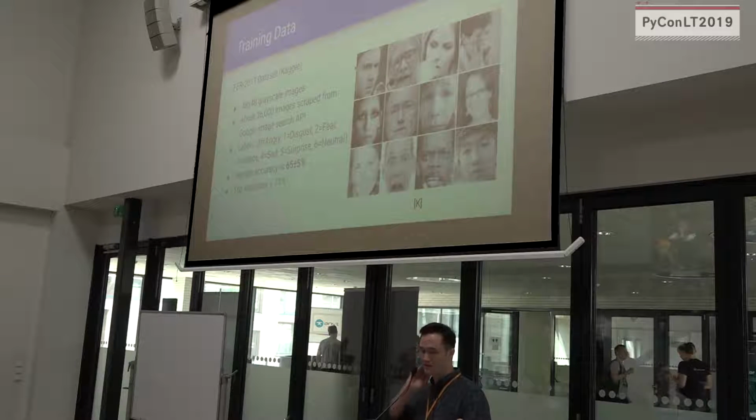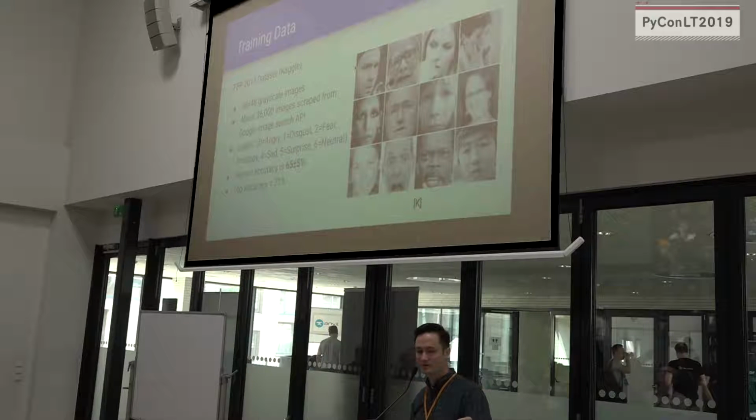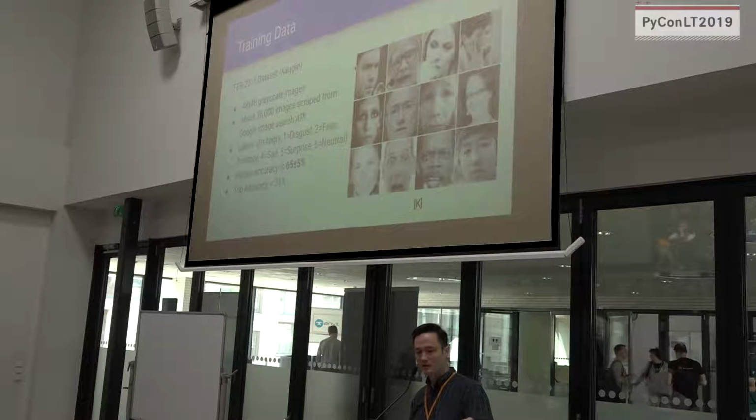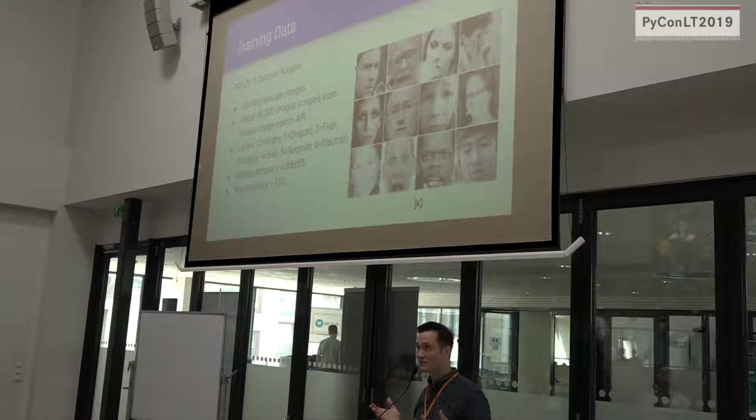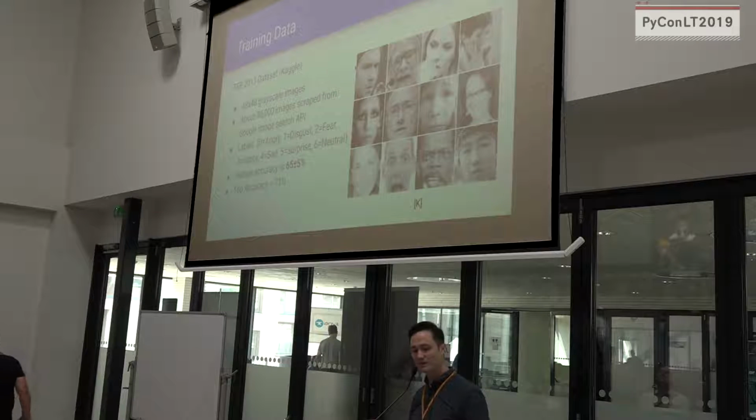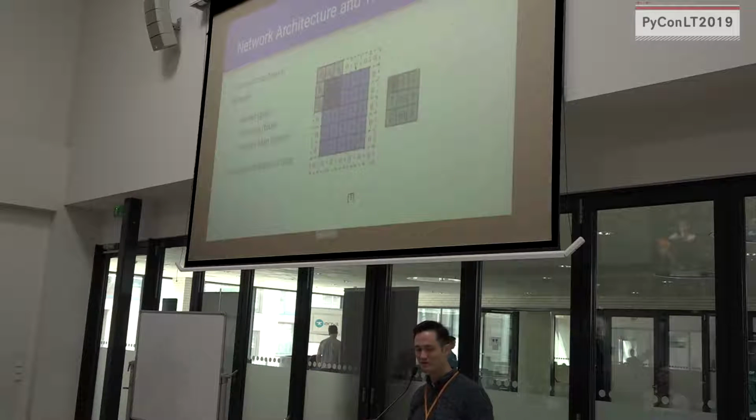In fact, I'm trying to create an open data set with a public license for this kind of work. There are 7 different labels: angry, disgust, fear, happy, sad, surprise, neutral. Humans reach only 65% accuracy on this. The best a machine can do is 71%, so barely beating human observation, but we can talk about that too.